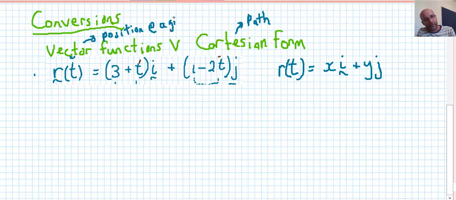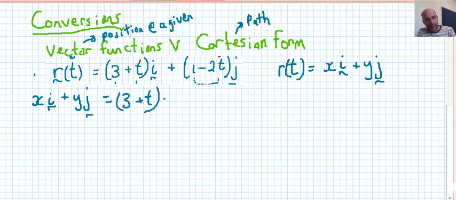But you can't say it too often at this early stage, alright? So, now, they're both equal to r of t, so I'm going to set them equal to each other, axiomatically. 3 plus ti, and we're going to equate components on the next line, right?